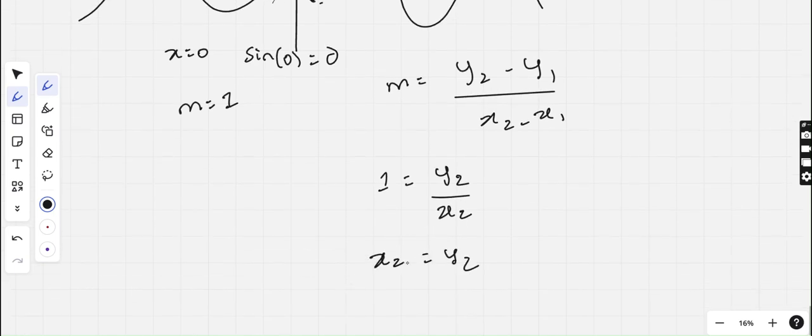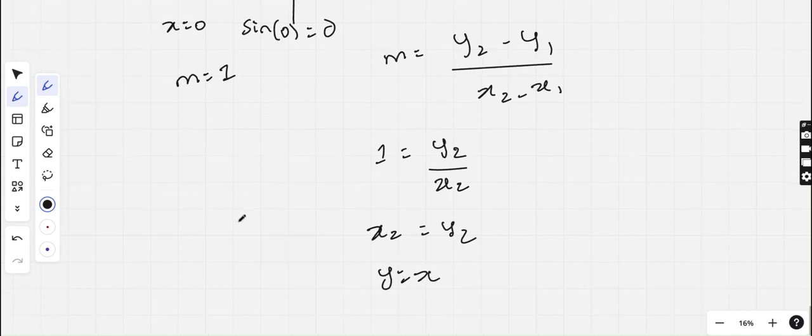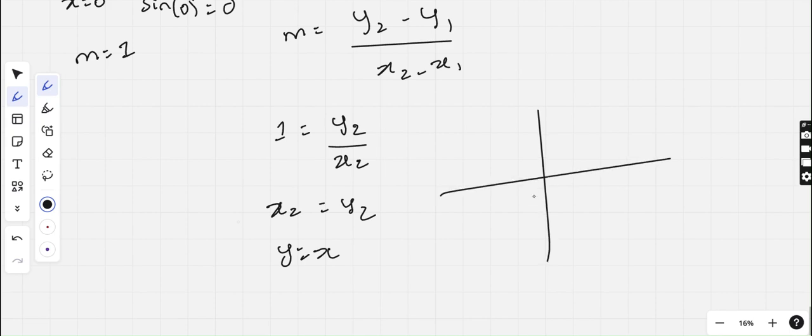In simple terms, let me take it as y equals x, which is a straight line that passes through the origin, and obviously this has a slope of 1. So this is the tangent we are talking about. This is what this entire instantaneous change is trying to say.